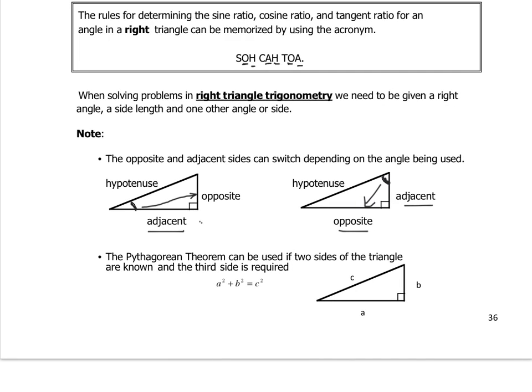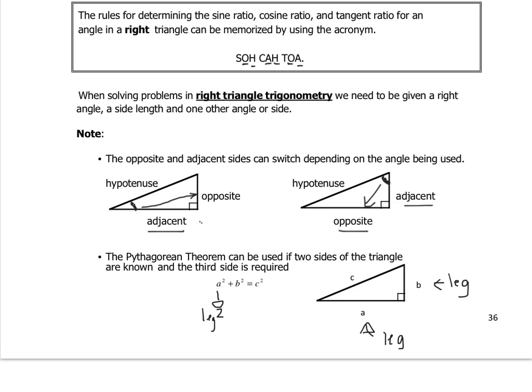We can also use the Pythagorean theorem. If we have two sides of a right triangle and we're looking for the third side, we can always set up the Pythagorean theorem, which, if you remember, is, in this case, a squared plus b squared equals c squared. But it's important to note that a should be a leg of the right triangle, and by a leg, I mean one of the sides that makes up the right angle.